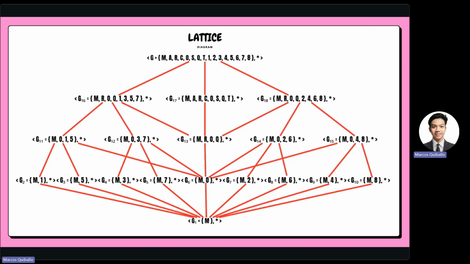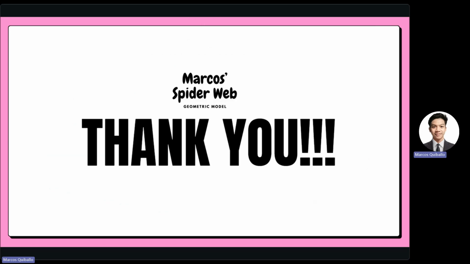This lattice diagram represents the connection of each subgroup. So those are the subgroups of my geometric model and the lattice diagram of my geometric model that I constructed.